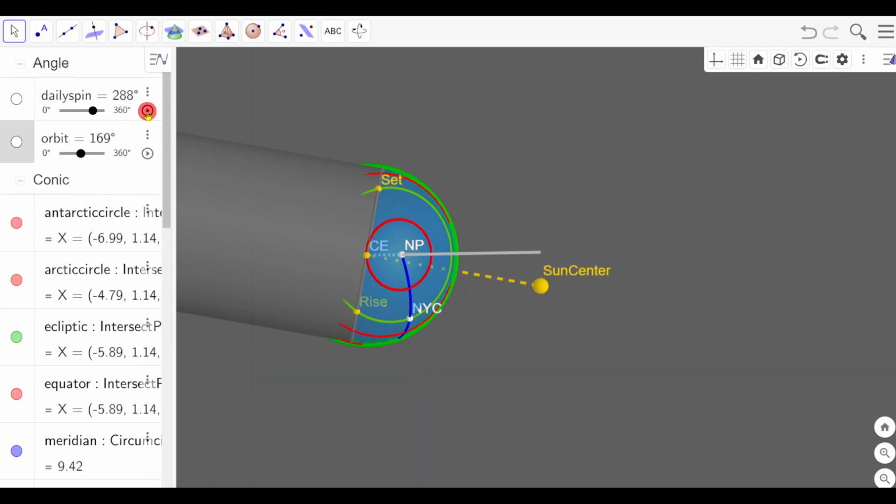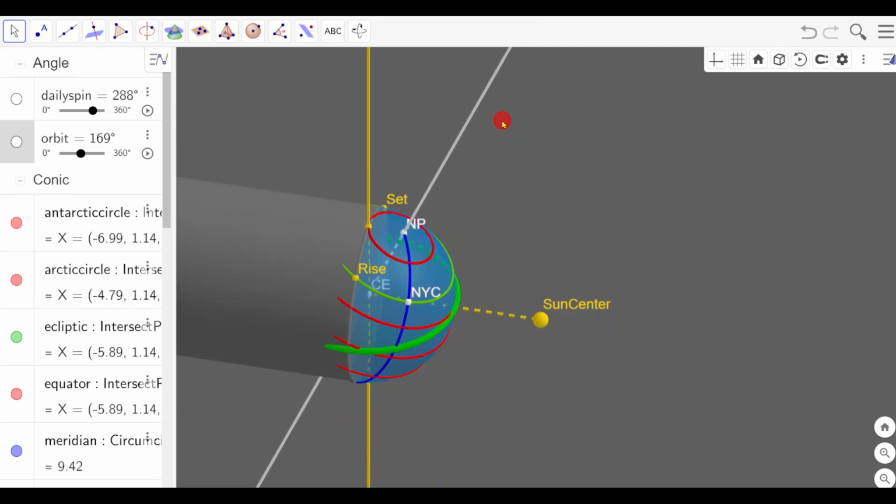Secondly, we're not going to show the daily spin or any circles of latitude, because when we do, it's a bit misleading, because notice that if we watch New York City, it is going to kind of be rising higher than and closer to and farther away from the actual plane that we are looking at.